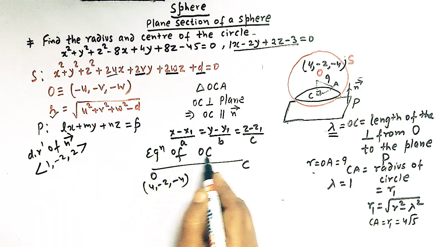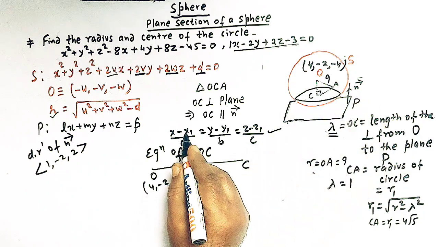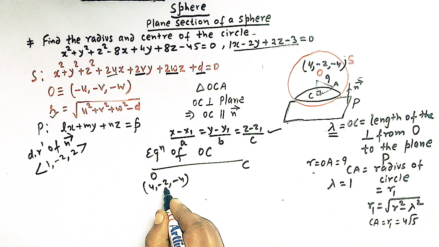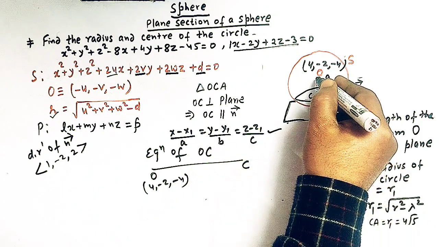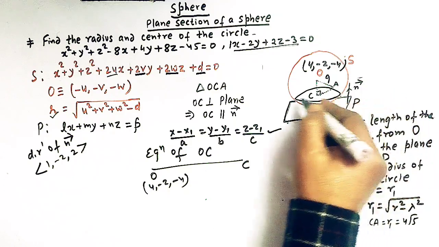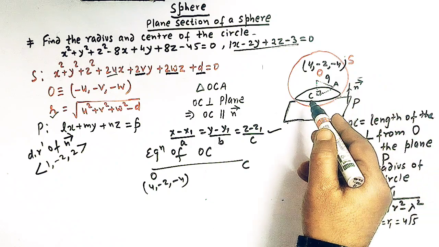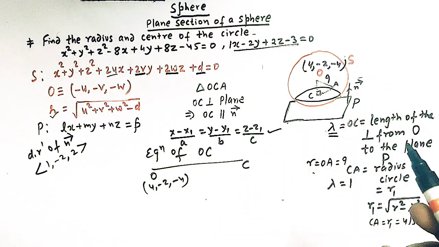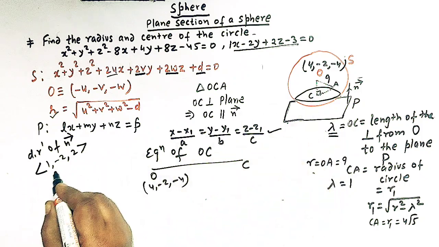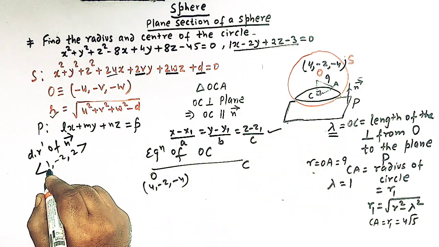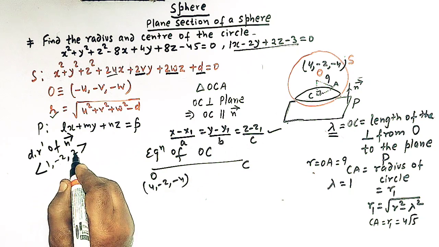So now the equation of OC can be written with the help of this equation. x1, y1, z1 is 4, minus 2, minus 4, and a, b, c are the direction ratios of the normal vector to this plane P. And since parallel vectors have either direction ratios equal or proportional, the direction ratios of OC can also be taken as 1, minus 2 and 2. So a, b, c are 1, minus 2 and 2.